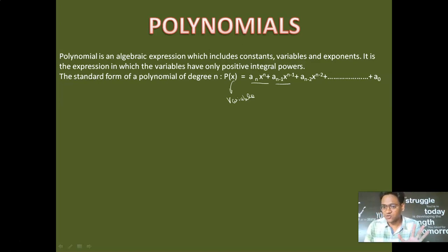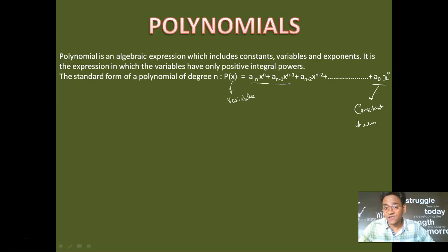I guess no confusion in there. Again students, let me tell you this a0 is the constant term, because you can see here no x is there, so you can assume x raised to the power 0 here. So this is the constant term.